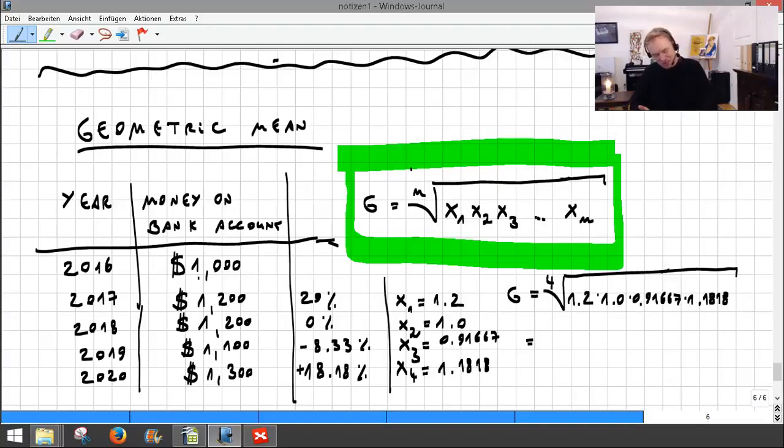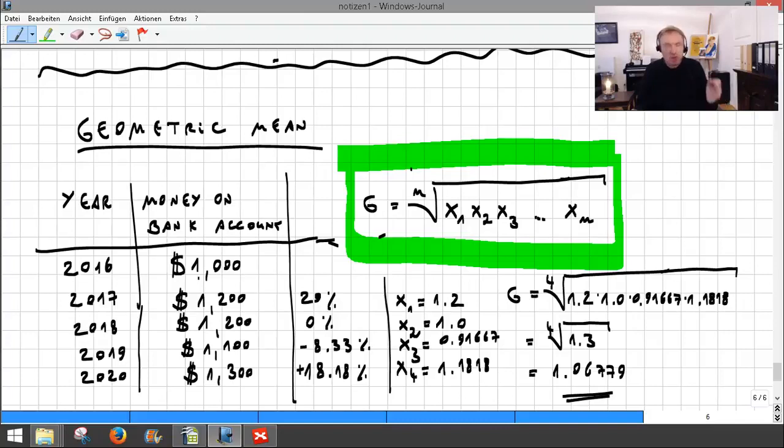It is the fourth root of 1.3, which is 1.3 to the power of 1/4, to the power of 0.25. So we get 1.067779, rounded to the fifth decimal place.